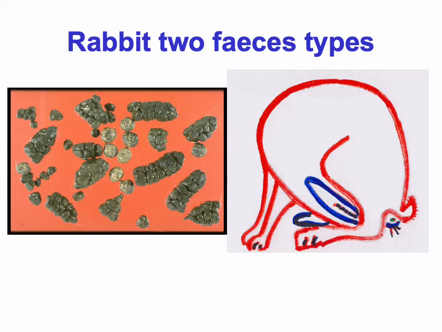The rabbit has two feces types, and the small and yellow one, high in fiber, is excreted separately, and the cluster-like soft feces is recycled directly from the anus.